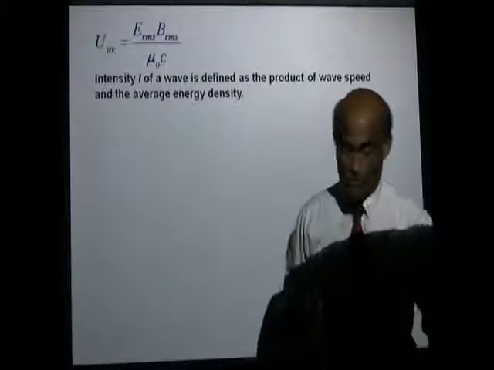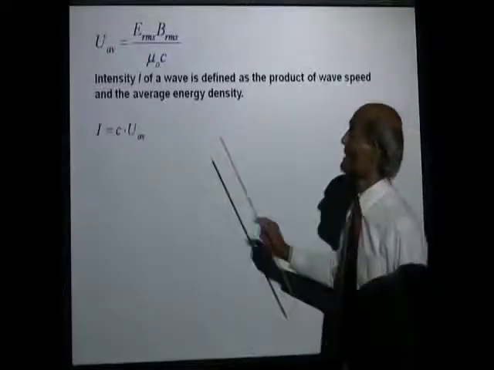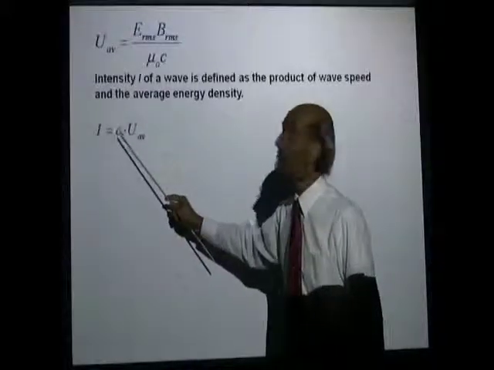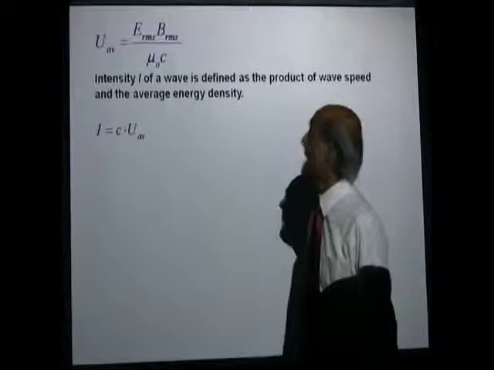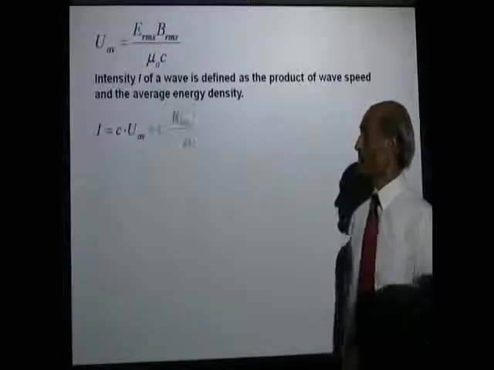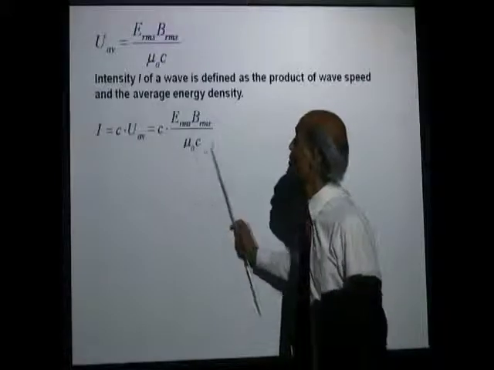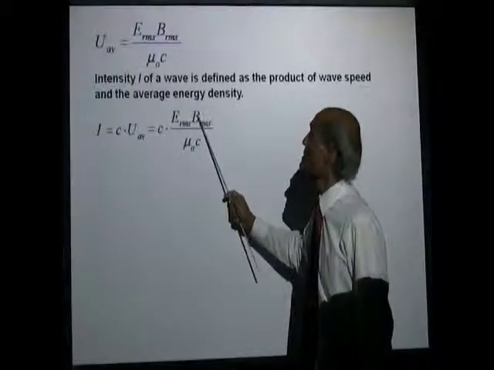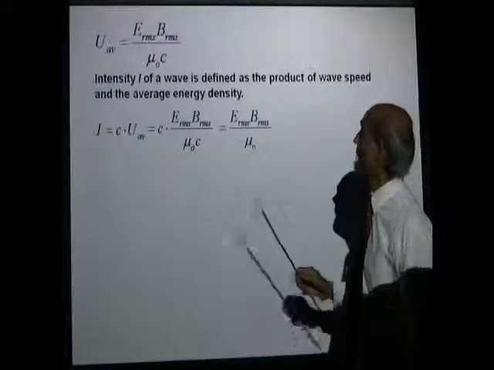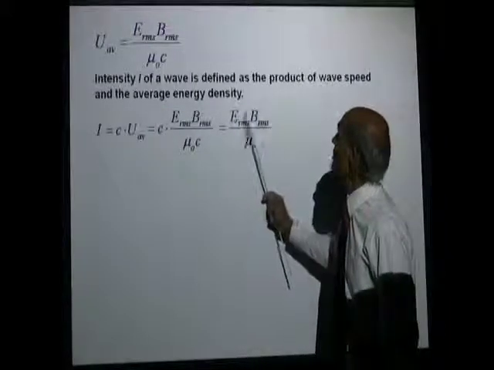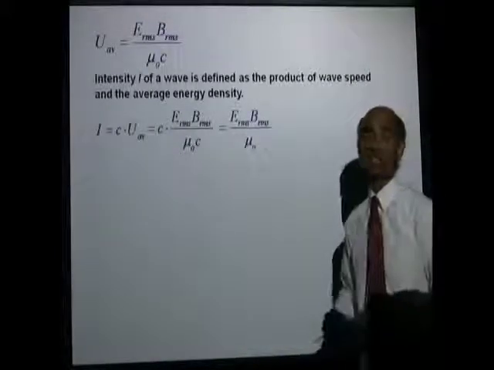Well, having known what intensity is, we can make use of that definition. In other words, intensity I is the product of the wave speed c and the average energy density. So I can now write it as c times the average energy density, which is E RMS B RMS divided by mu 0 c, and that will be E RMS B RMS divided by mu 0 because the c's will disappear.